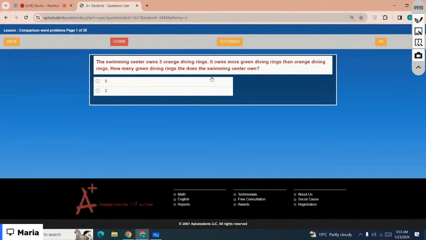Yes, it's 8, right? Because the green diving rings are more than 5. So the number that is more than 5 is 8. That means they have 8 green diving rings, right?